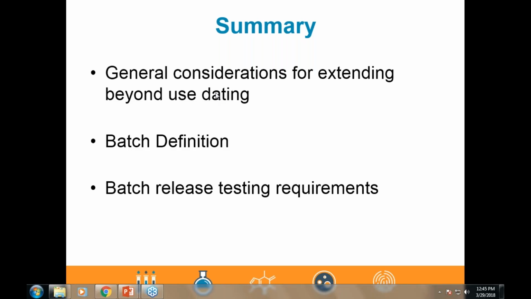Beyond use date historically has been referred to for compounded preparations, as an expiration date is the terminology or nomenclature used for a commercial product. So essentially, the expiration date, the BUD, the stability, the shelf life are synonymous. Different industries may use different terminologies for the respective shelf life, BUD, or expiration date.